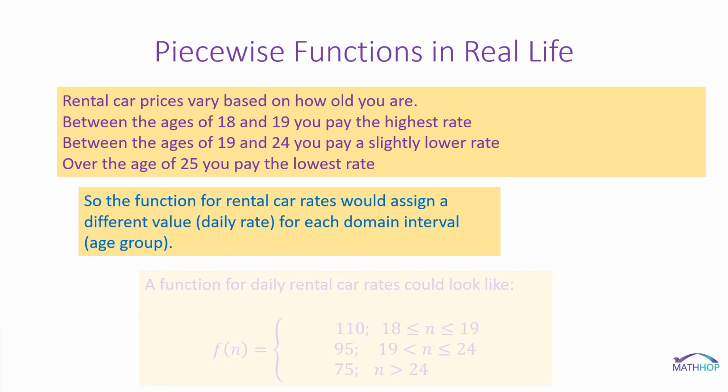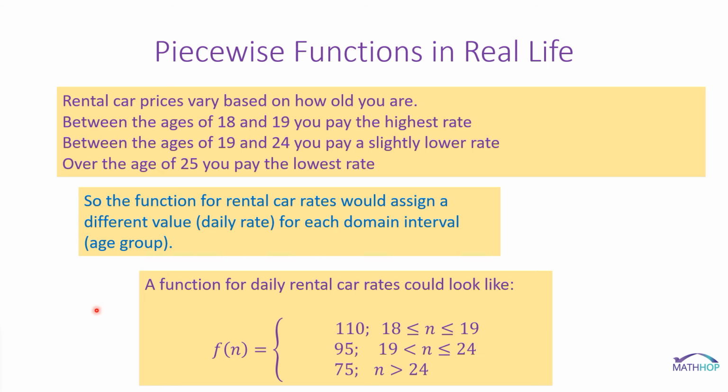So we could write this as a piecewise function for the daily rental car rate as f of n equals $110 a day between the ages of 18 and 19 inclusive, $95 a day from 19, not including 19, to 24, and $75 a day once you are over the age of 24.